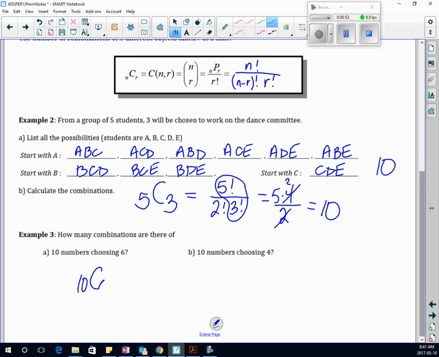10 choose 6. So let's find this on our calculator for this one. Does everybody know where to go for your calculator?